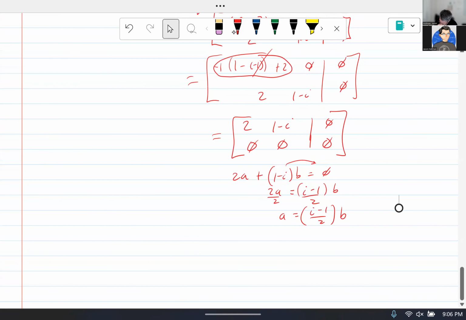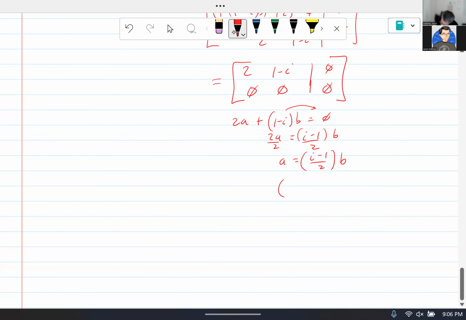So if I write this as (i minus 1) over 2 times b and I factor out the b, I can get (i minus 1) over 2 and then 1 as an eigenvector.